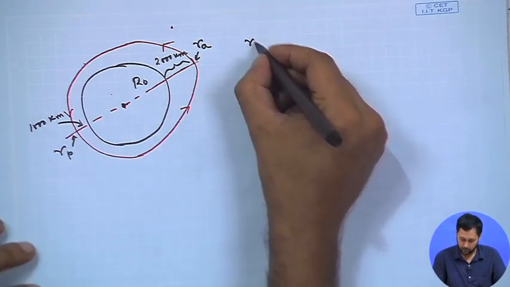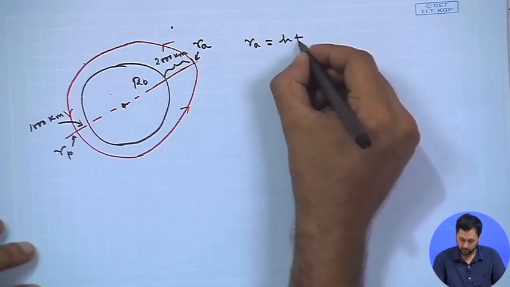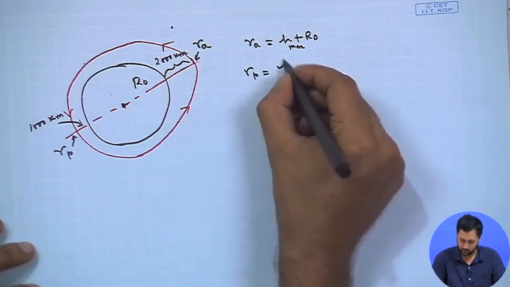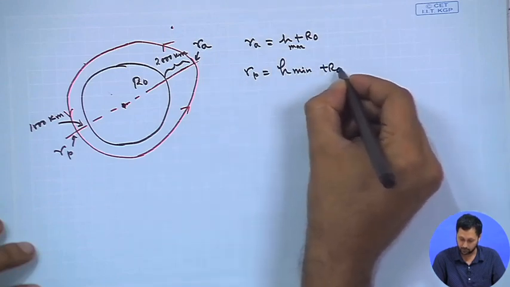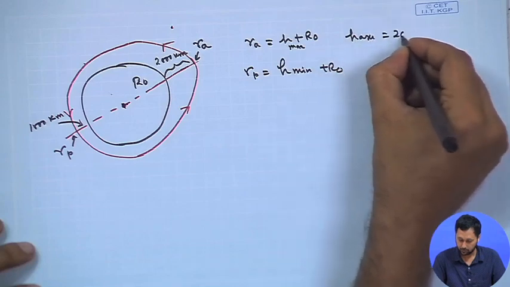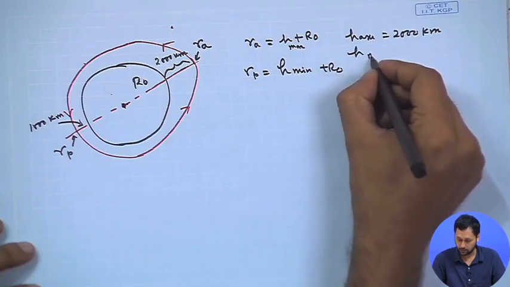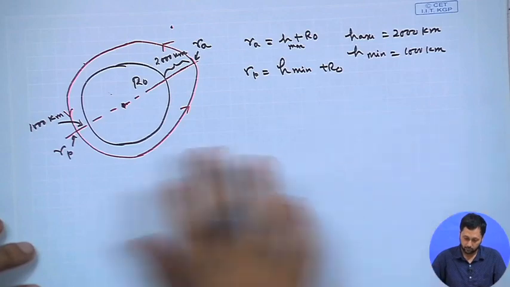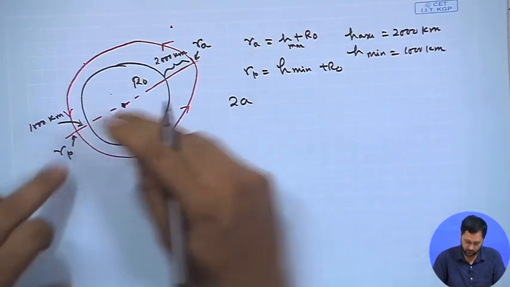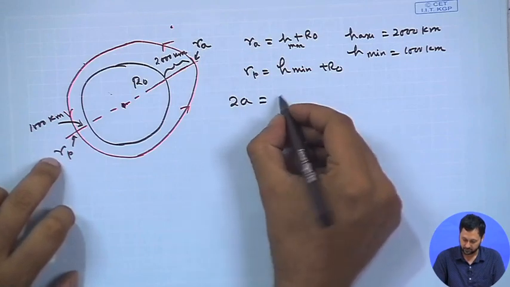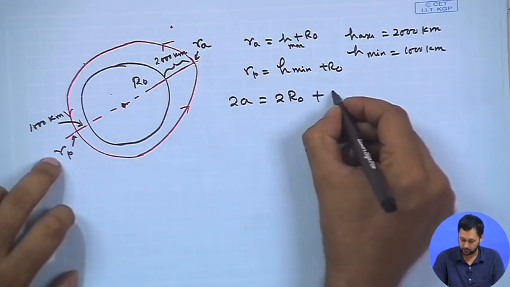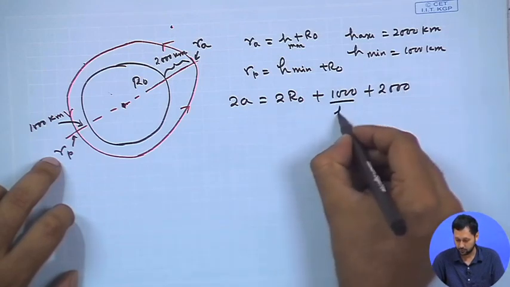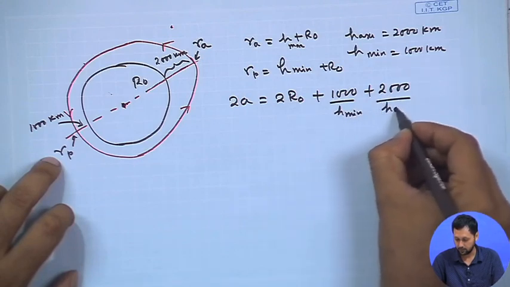So, RA is equal to h max plus R0, RP is equal to h min plus R0, h max is equal to 2000 kilometers, h min is equal to 1000 kilometers. So, once we put all this, 2a, which is the distance from this to this, will be 2r0 plus 1000 plus 2000, essentially 2r0 plus h min plus h max.